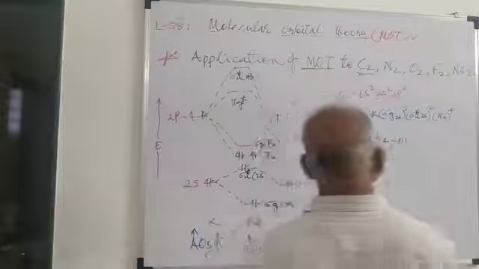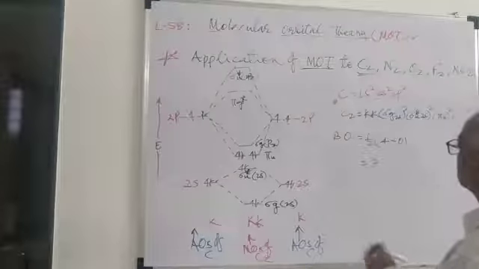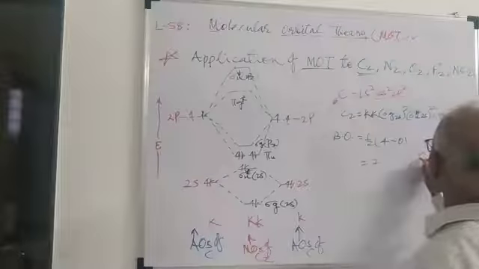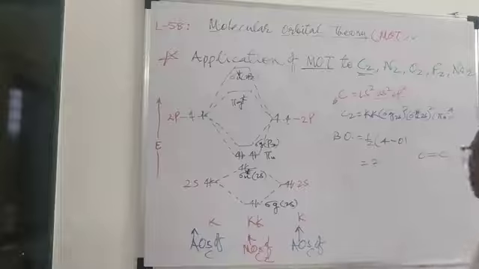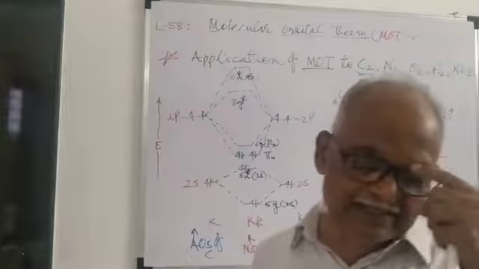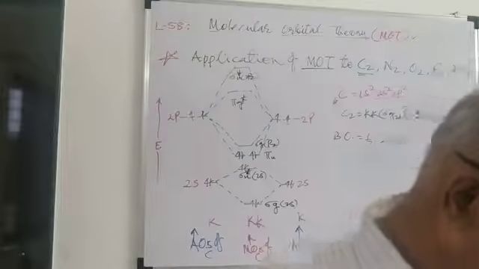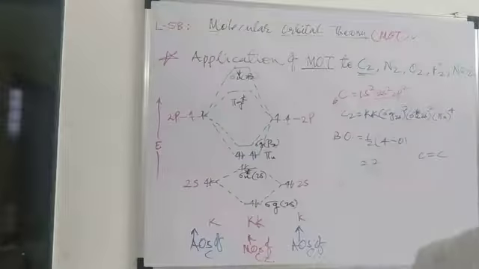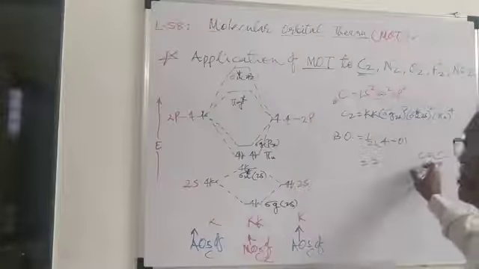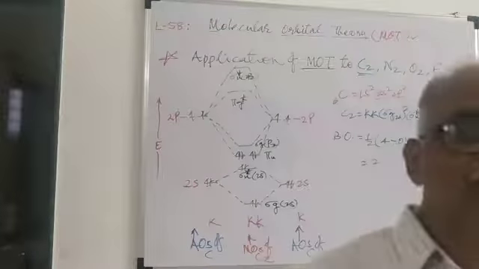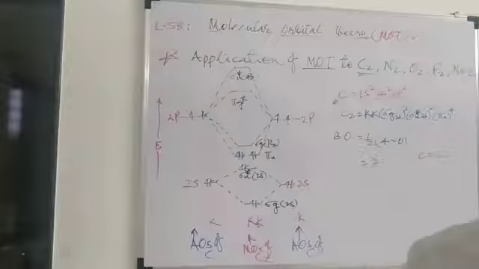Bond order 2 means carbon is present as a C2 molecule. But the C2 molecule is rare and not commonly encountered or observed. It occurs only in separate or special cases.